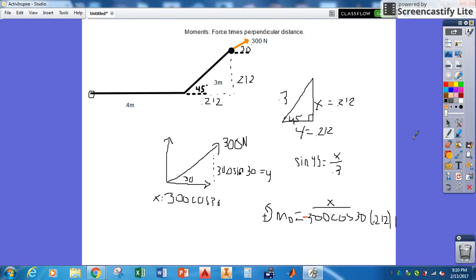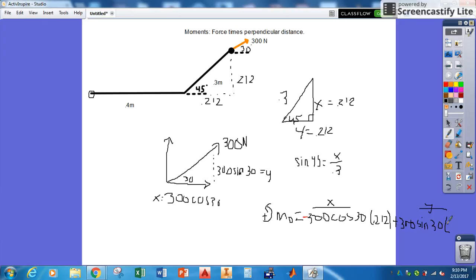So the vertical direction is 0.212. Plus, now we can do our y. Our y force was given, 300 sine 30. We figured out that it was positive because once you pull it up, it's going to spin it around in a counterclockwise direction.